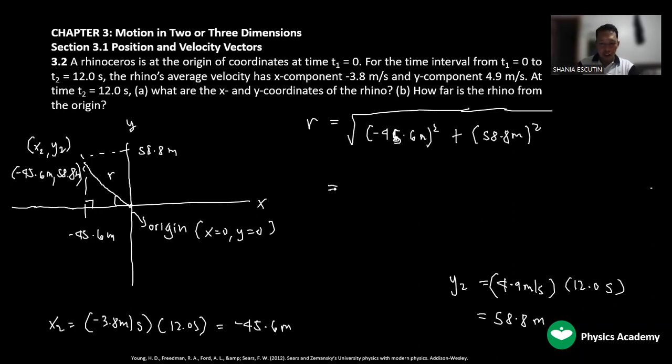We have negative 45.6 squared plus 58.8 squared, so our distance from the origin is 74.4 meters. This is the distance R. So our coordinate is this one and this one, and our distance from the origin is this one.